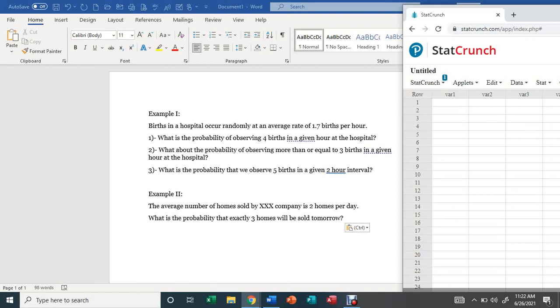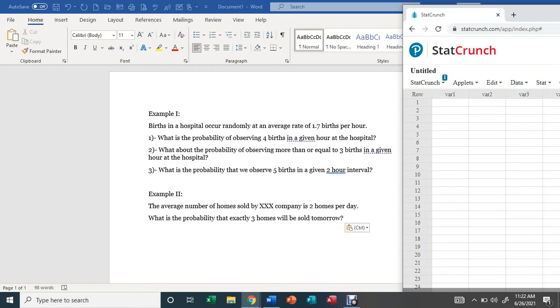So this is the property of adding the mean, or the parameter, of the Poisson distribution. If the rate is 1.7 births per hour, then in 2 hours the rate will be 3.4. So 1.7 plus 1.7, or 1.7 times 2, which is 3.4.